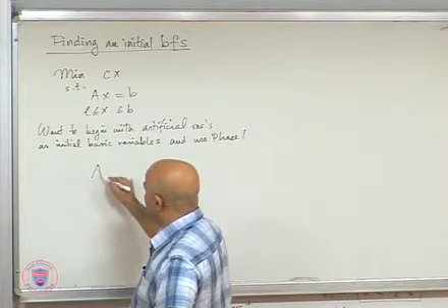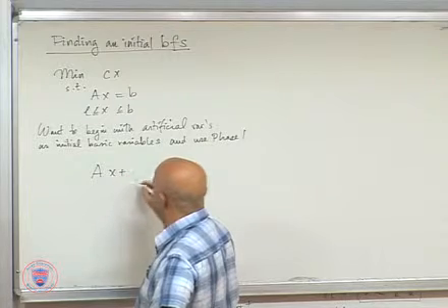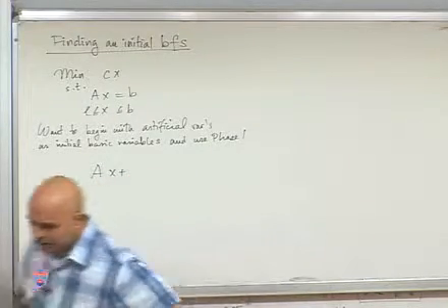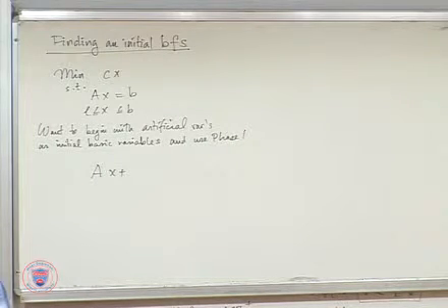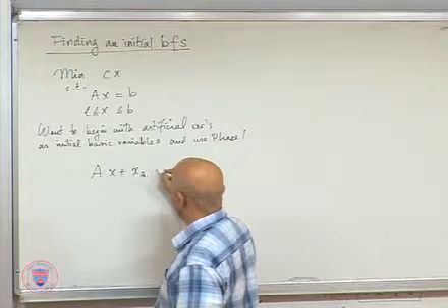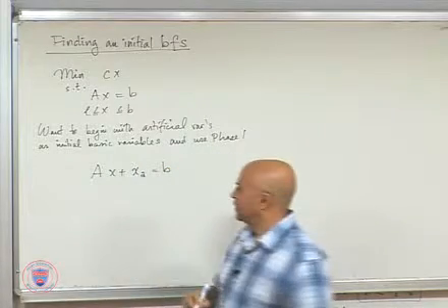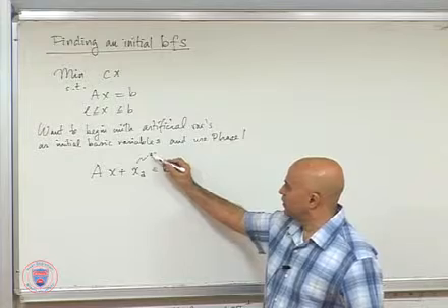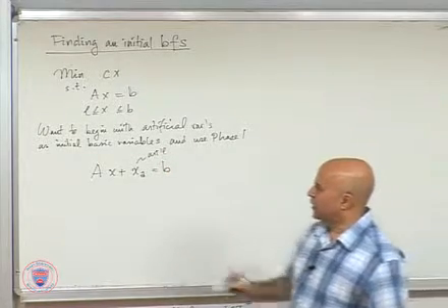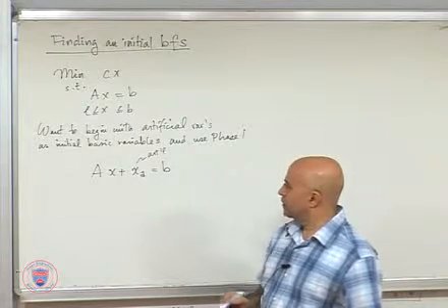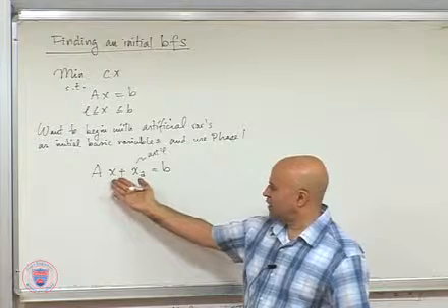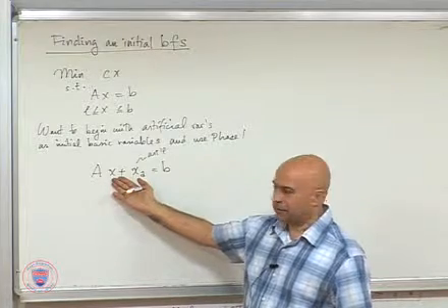So when you add the artificial variables, the problem will look like the following. Let's just give a name to that. That's x_a. Let's call it x sub a, equals b. So these are artificial. And you want to minimize the sum of the artificial variables. Still, you can't take x to be 0.